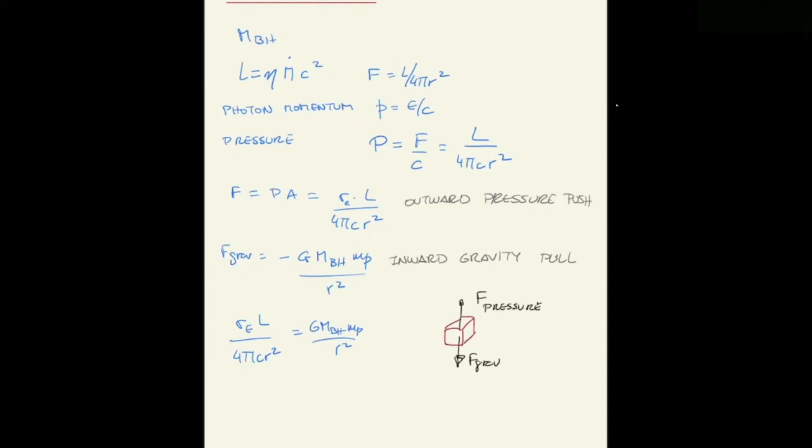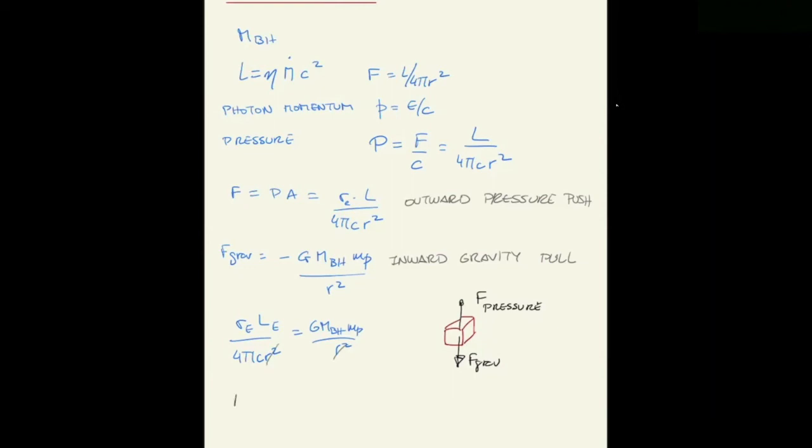Now you can solve this for the luminosity, call it L Eddington, and that gives you the Eddington luminosity, which is the luminosity at which the outward radiation force exactly equals the inward gravitational force. And that's the maximum luminosity possible for an accreting black hole. Now notice that the factors of r squared cancel out, which shows that the ratio of the radiation force to gravitational force is independent of the distance from the black hole.